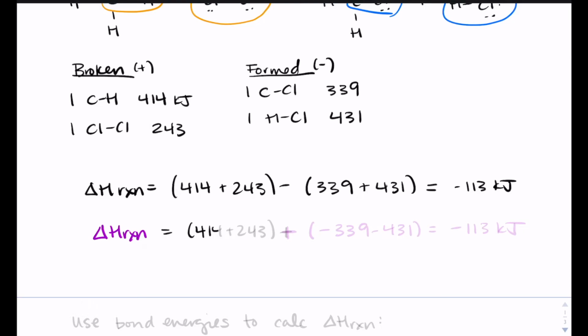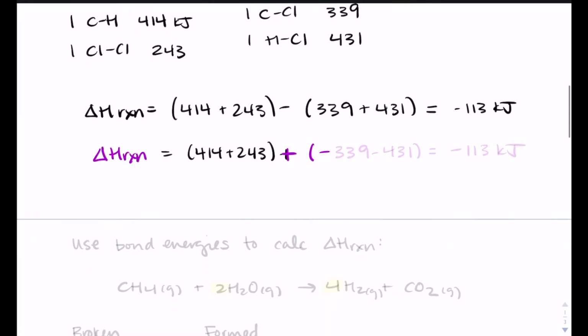You do have to account for how many of them were broken. I've just got 1 mole of each, so 414 plus 243, and then I'm going to subtract 339 plus 431. I get a delta H reaction of negative 113 kilojoules. Now, if you like the TRO version, I also have it written here underneath showing where you would be expected to put the negatives in for that version. You still get negative 113 kilojoules.